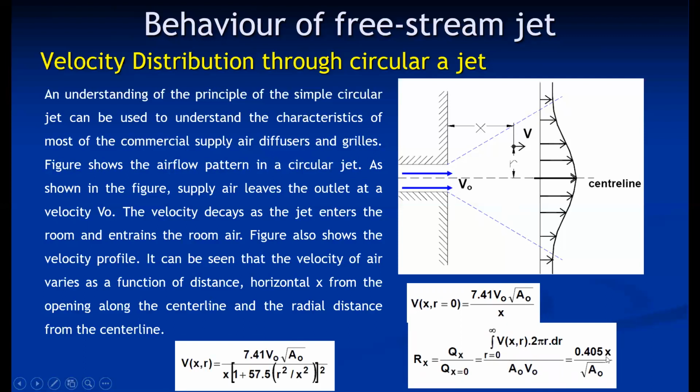So by integrating and putting in the limits, we can develop the expression of the entrainment ratio. So this is the entrainment ratio of a circular jet. This entrainment ratio is much less than 1, close to 0.2 or 0.3, which is a desirable value. This way we can calculate for other shapes also.